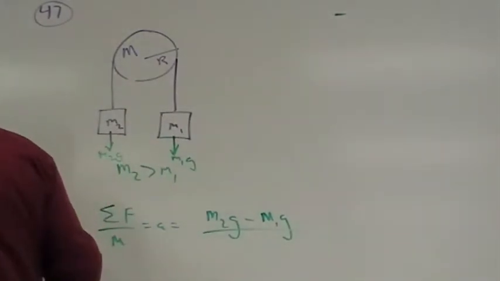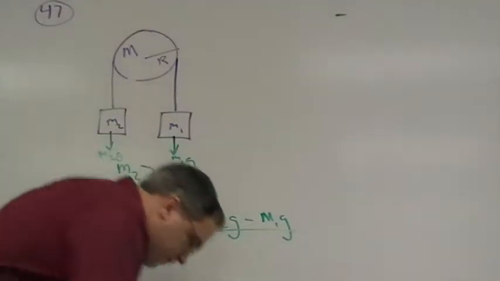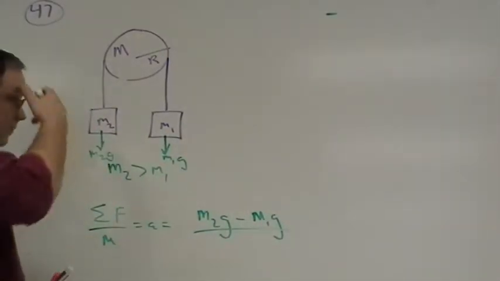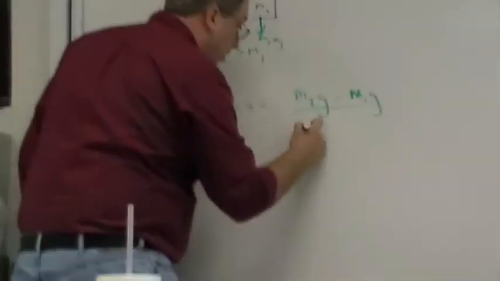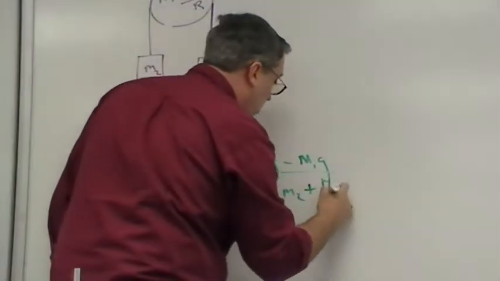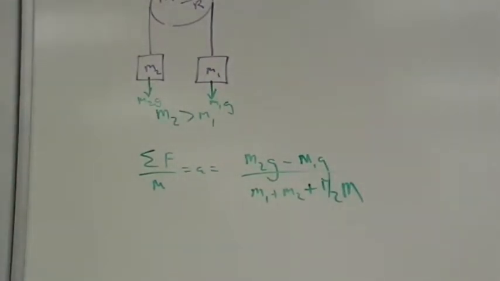So on top, you have your net force. And on bottom, what do we have? M1 plus M2 plus 1/2 big M. That's the acceleration. Now, if you don't remember that, you're stuck writing some of the force equations.